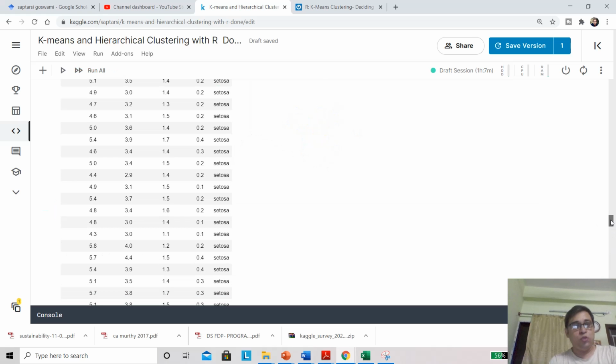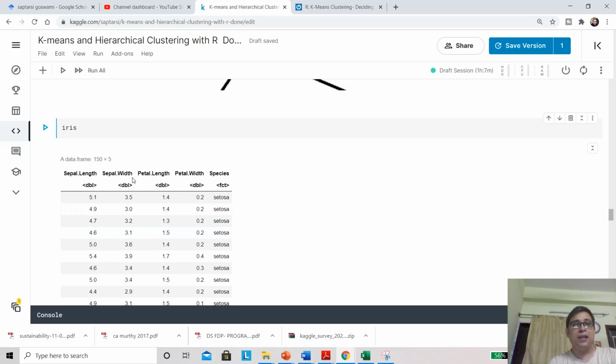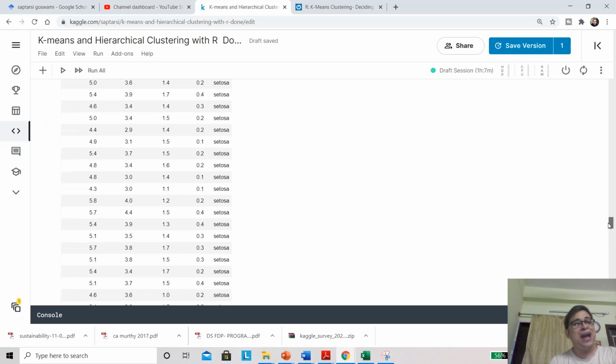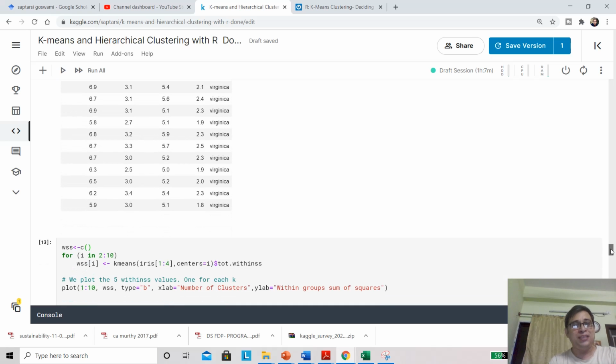So you see that this is your sepal length, sepal width, petal length, petal width. So there are three categories of flowers and their corresponding four attributes. So this is a very standard hello world data set. Many of you have already seen it.